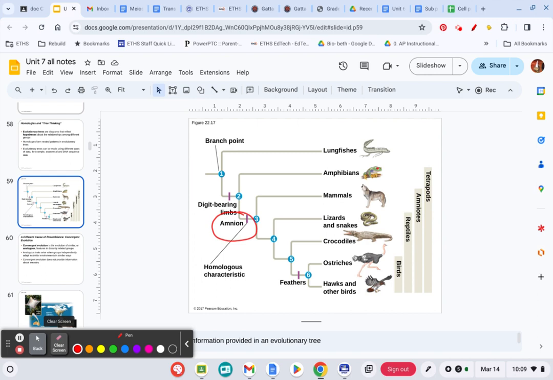For example, everything down here doesn't have an amniotic sac, my bad, whereas everything on the other side has it. That's just one example of that.